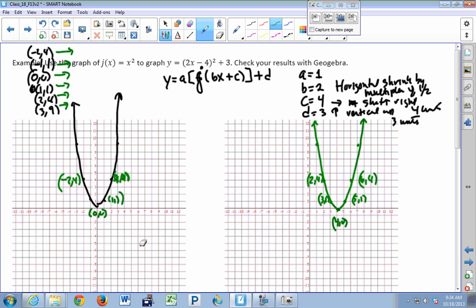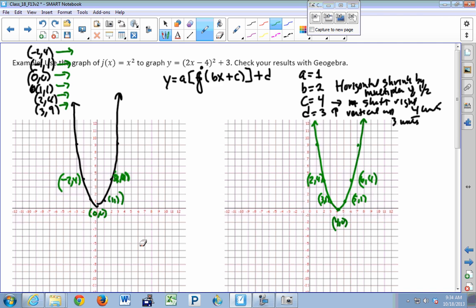So now I'm going to do a horizontal shrink. That means all of my x values become half the size they were. So I take these points and I divide my x values by 2, or I multiply by a half, however you want to think of it.